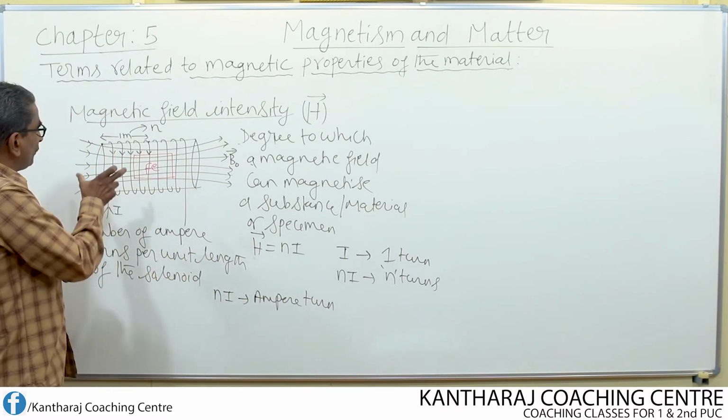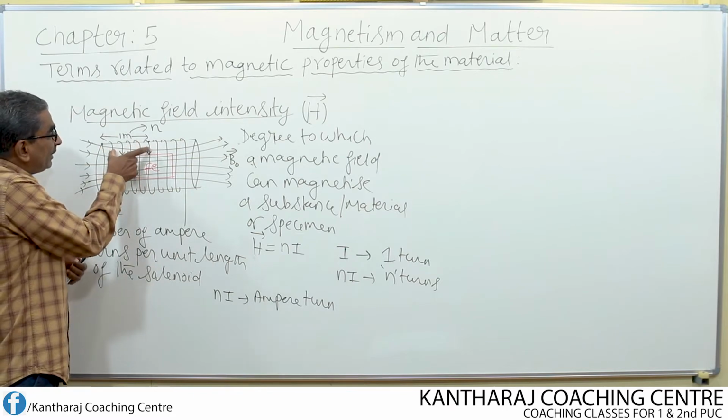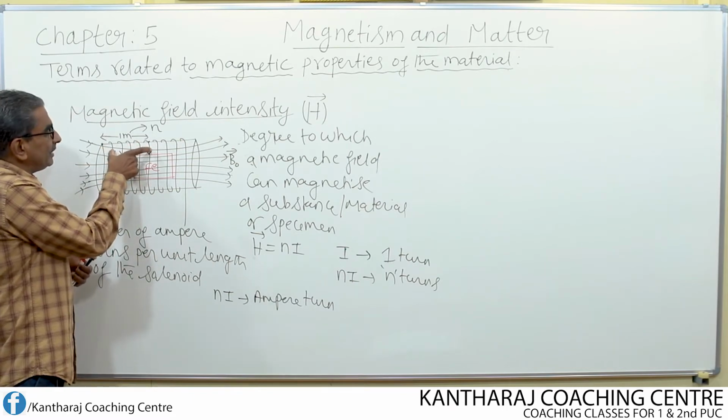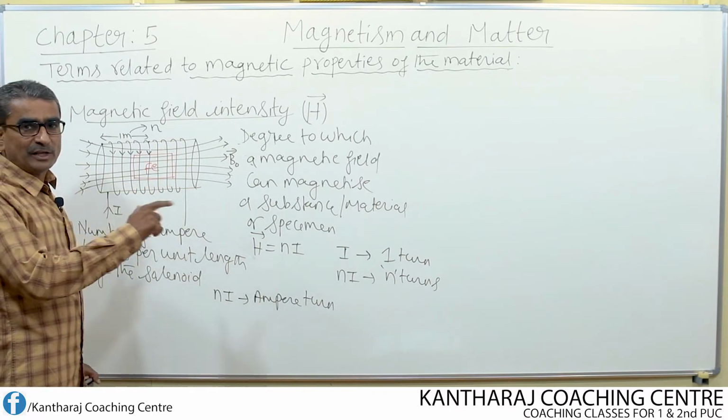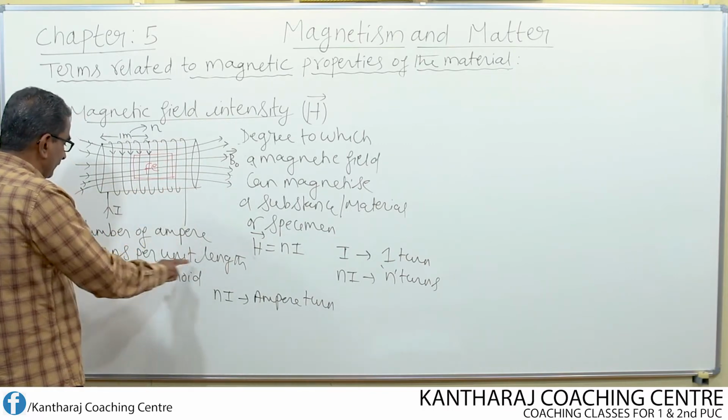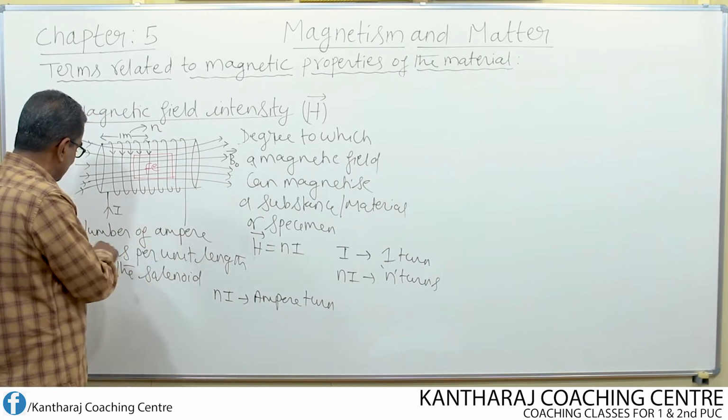So how much current flows through n number of turns of each unit length? That refers to the ampere turns.